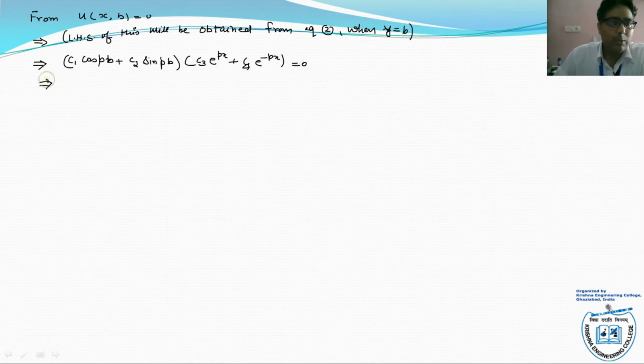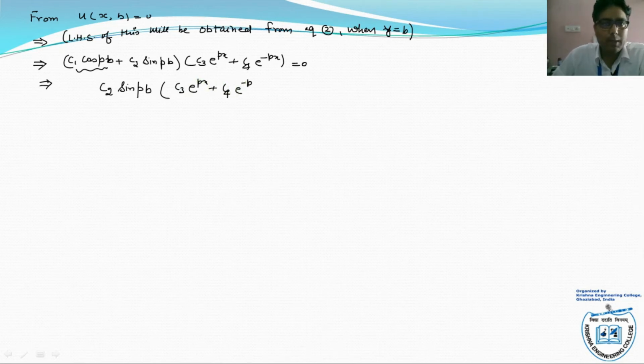The value of c1 is equal to 0, so that term becomes 0. So we get c2 into sin pb into (c3 e to the power px plus c4 e to the power minus px) is equal to 0.